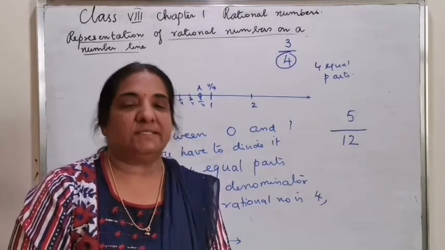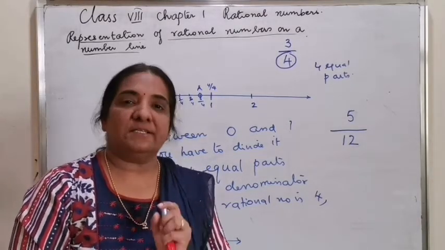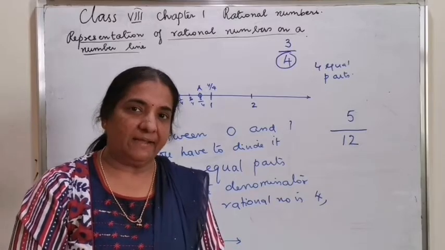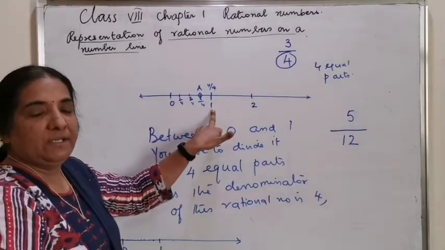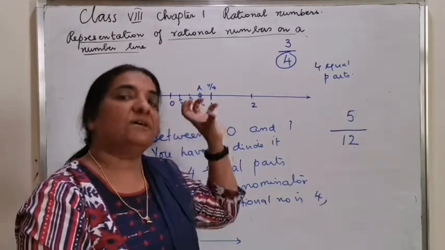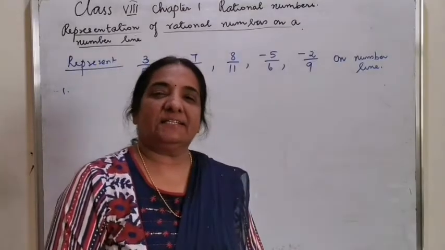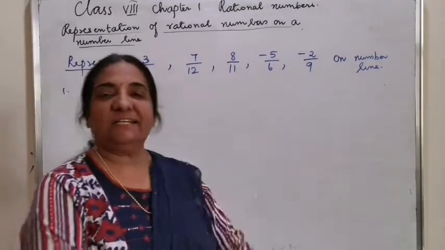To avoid this, we can follow a general way of dividing the unit between 0 and 1 into equal parts as follows. Represent the following rational numbers on a number line.